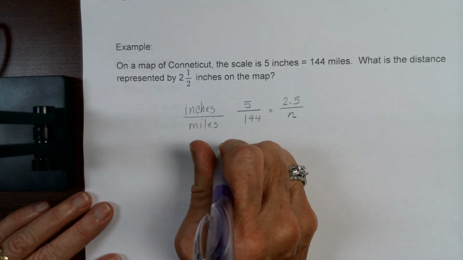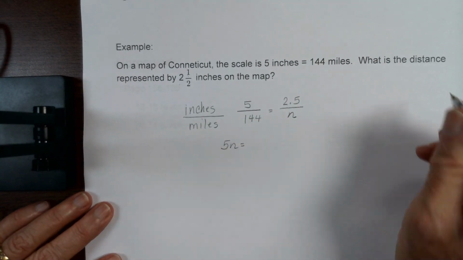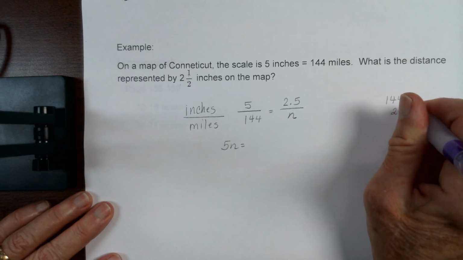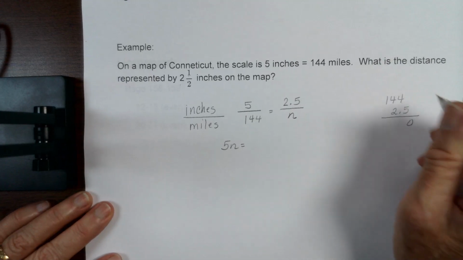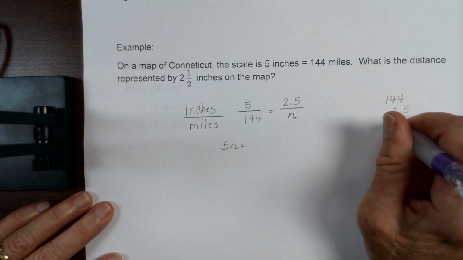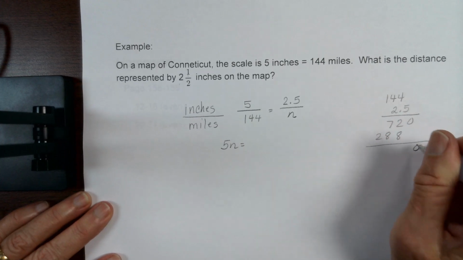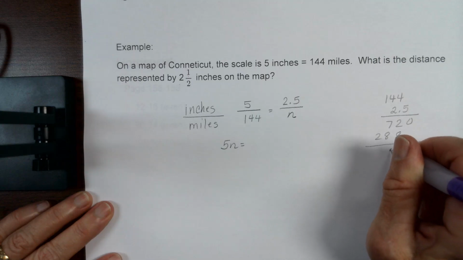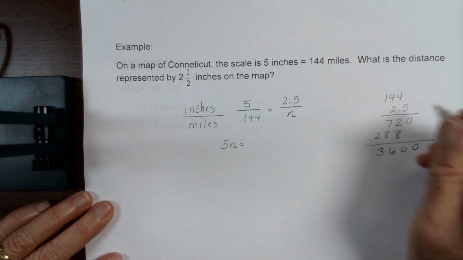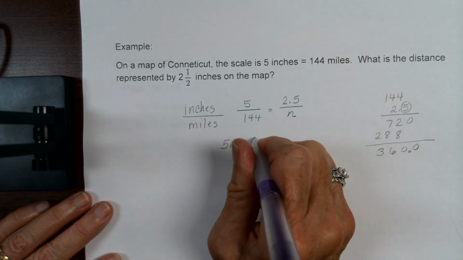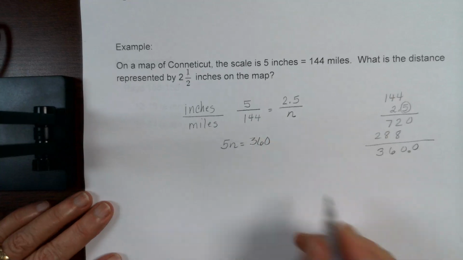I'm going to cross product, so I get 5n equals, have to multiply this over here. Okay, I have one number to the right there, so I have 360.